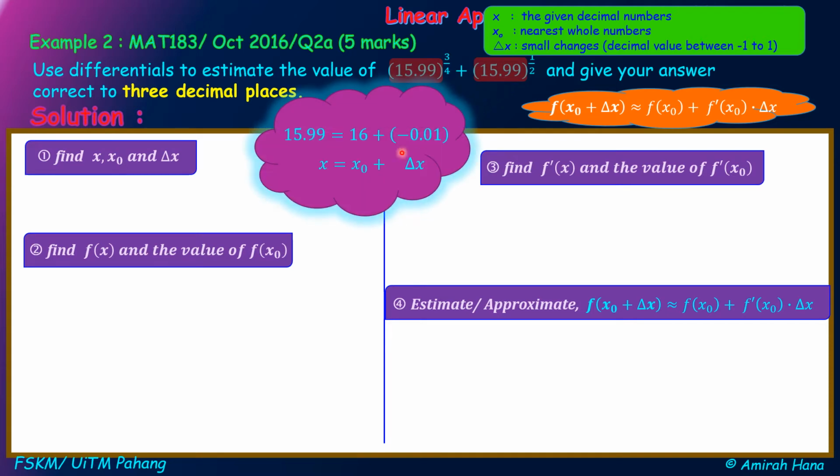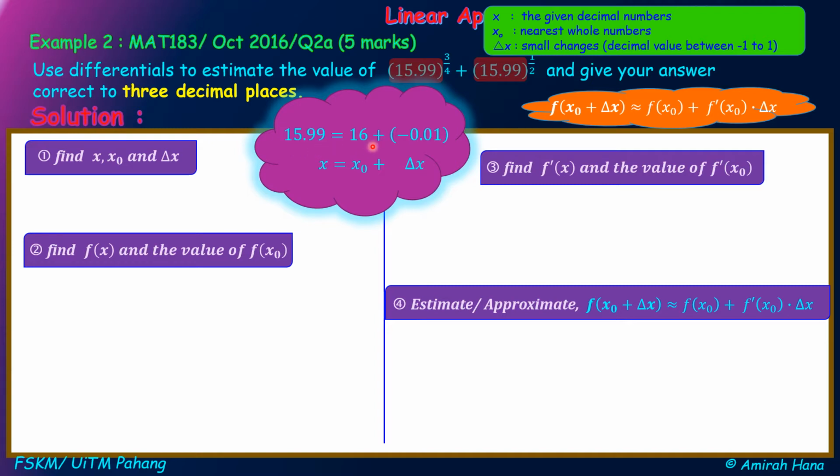From the given decimal number x, we need to split it into x naught plus delta x. x naught means the nearest whole number. The nearest whole number of 15.99 is 16, not 15. So our x naught is 16.